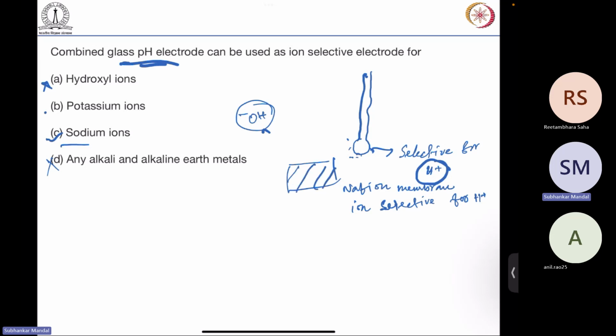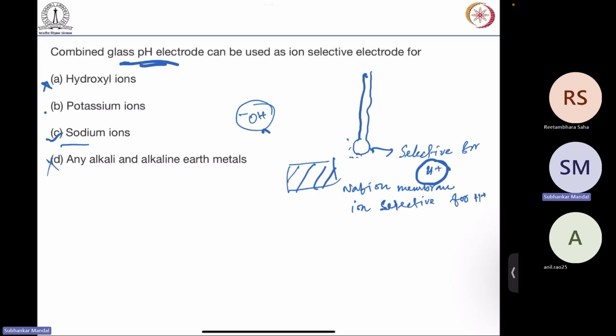This is the electrode, but this membrane is also there, like the Nafion membrane, and there are other different types of membranes. And for ion selective electrodes, we have seen that different compositions of materials can give an ion selective electrode for a particular ion.